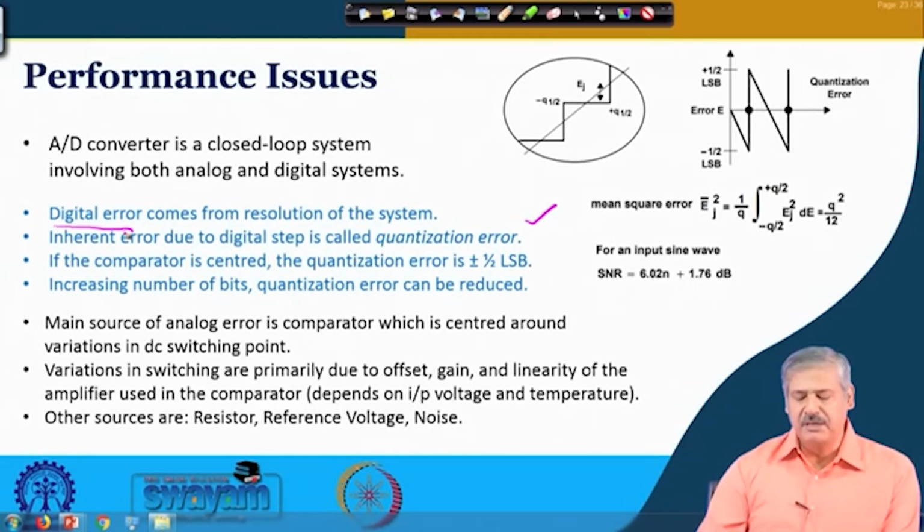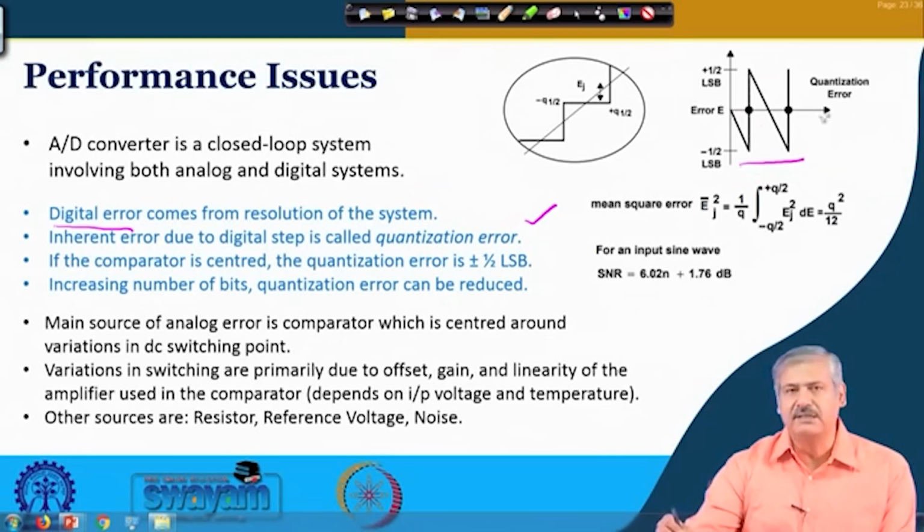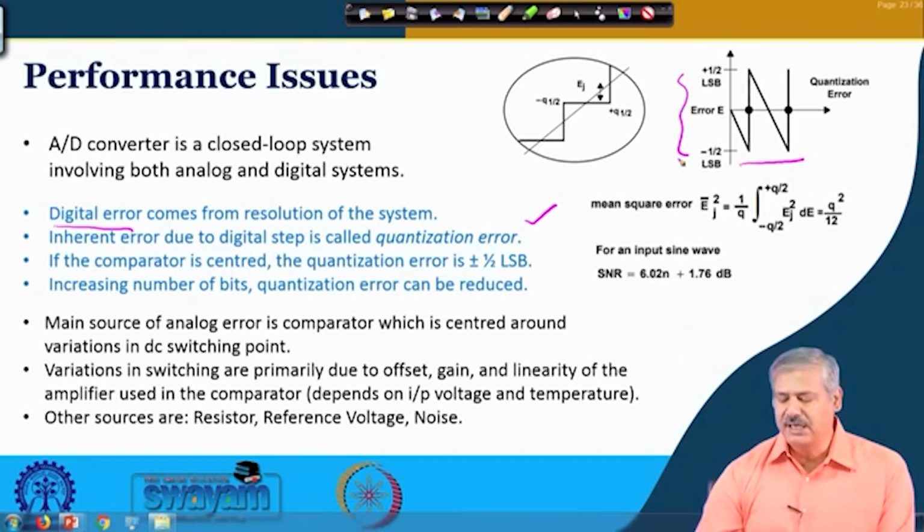So, this is something which comes from the digitalization part, or the digital part of the error, that is how it is visualized. And if the comparator is centered, then this particular error would be, depending on the input voltage, within the range from plus half LSB to minus half LSB. And if the analog voltage is such that each value within plus and minus half LSB is equally probable, then we can calculate the mean square error of this particular error.